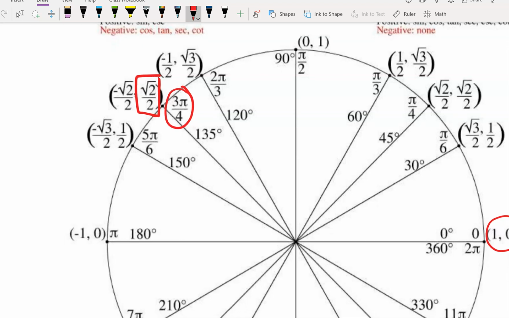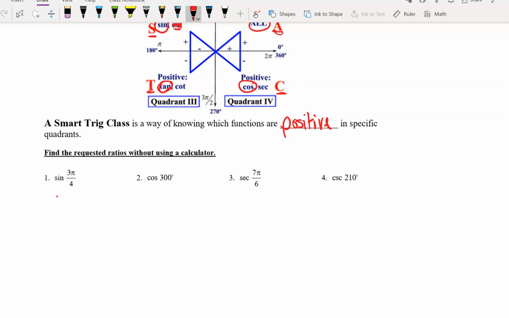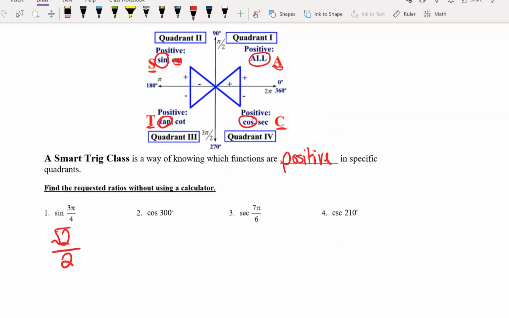So my answer should be root 2 over 2. All right, and if you think about it, that was in quadrant 2. Sine is supposed to be positive in quadrant 2, so it's good that we got a positive answer.